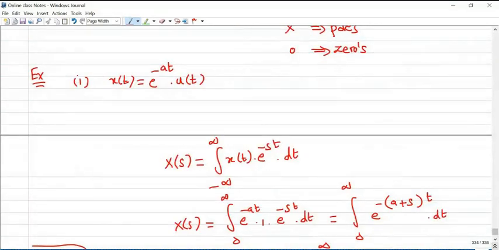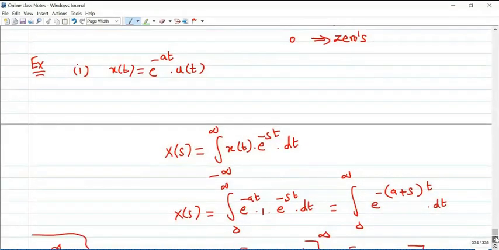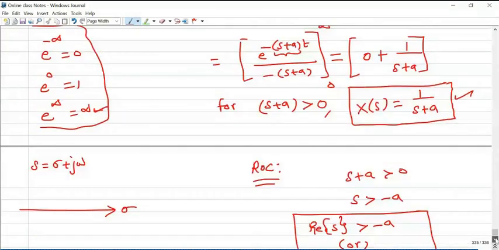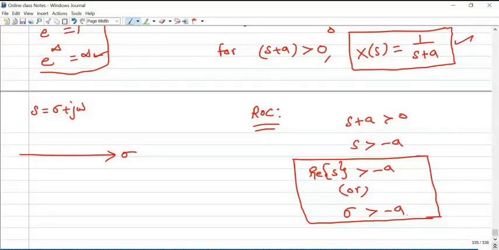So the Laplace transform of e power minus at u(t), the result is 1 divided by s plus a. But this result is valid for the condition sigma is greater than minus a. Okay, sigma is greater than minus a. This is called the region of convergence.